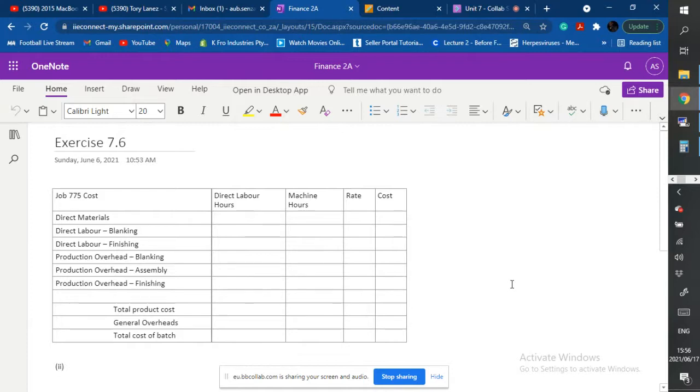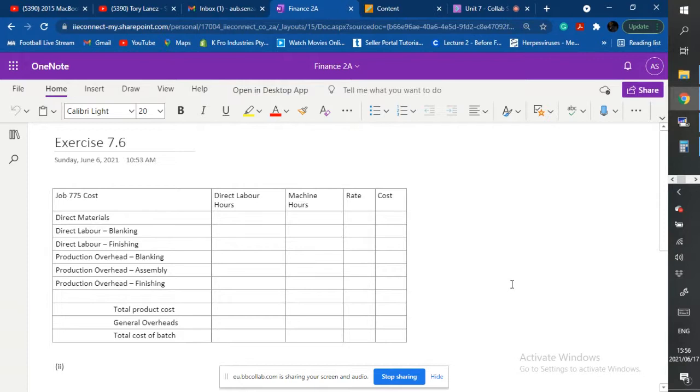It says an order of 150 brackets was received and manufactured as job 775. The job passed through 3 cost centers: blanking, assembling, and finishing, whose overhead absorption basis and rates are as follows.